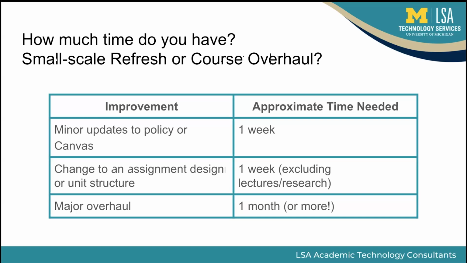If you have a little bit more time, well, then you could go a little bit deeper. So maybe it's doing a major overhaul of an assignment, or maybe it's a major overhaul of your course. So if you're thinking, okay, Wednesday, August 7th, maybe this is not the time to make a major overhaul for a fall course.